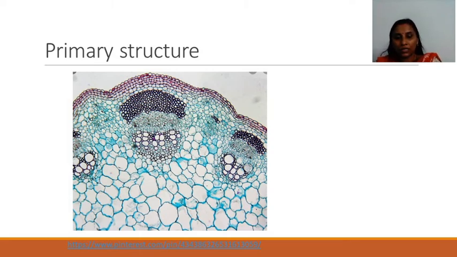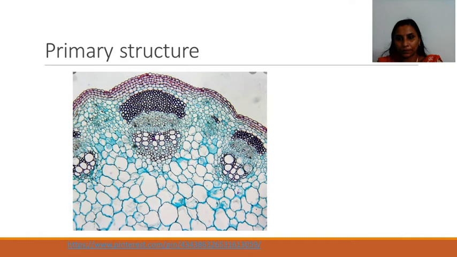When we are considering two different vascular bundles, in between there are multiple layers of parenchyma. That part is known as the conjunctive tissue. In dicot stem, the number of vascular bundles will be limited, maybe 4, 5 or a maximum of 10.